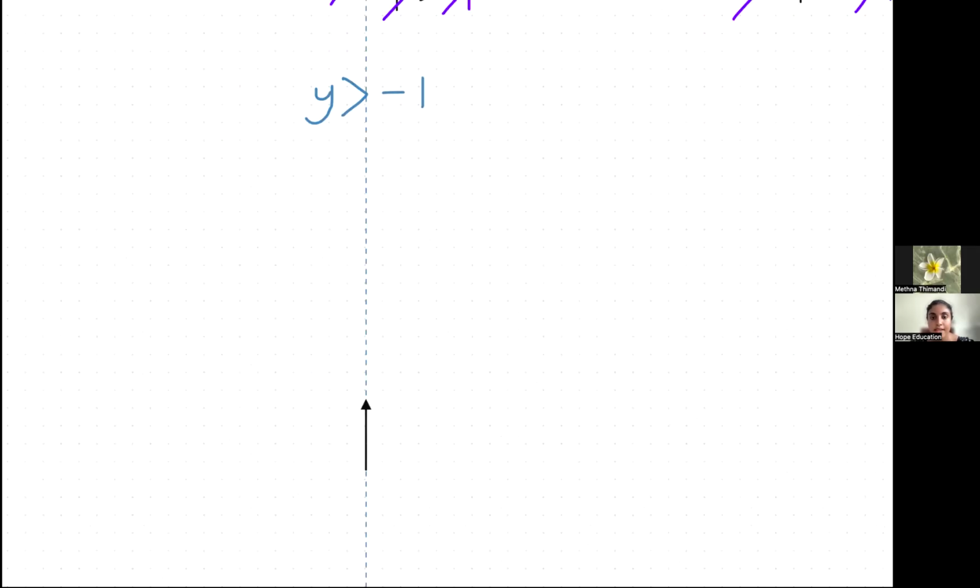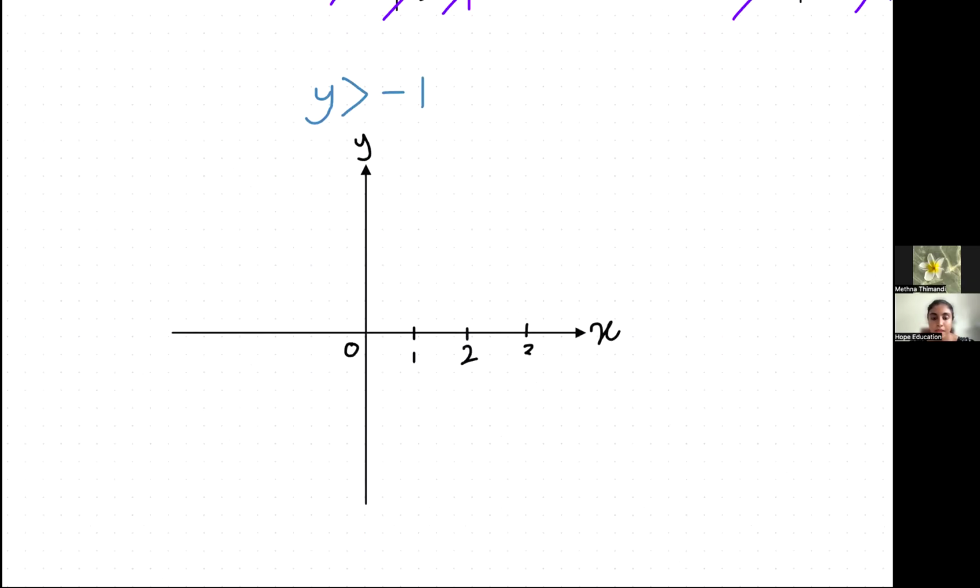So I draw the Cartesian plane. This is the y-axis and this is the x-axis. This is 0. Then here 1, 2, 3. Here -1, -2, -3.